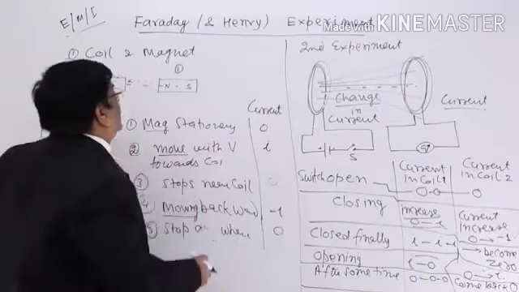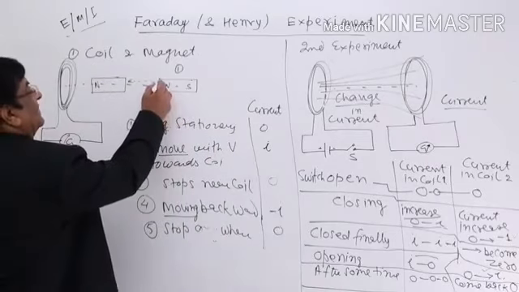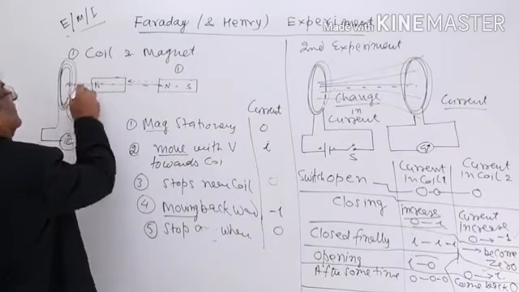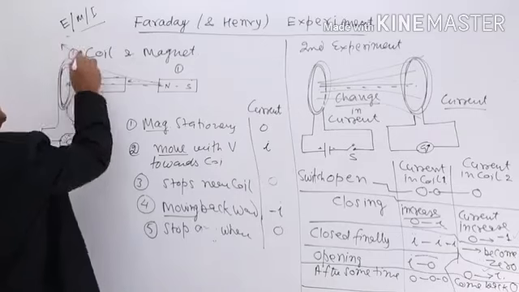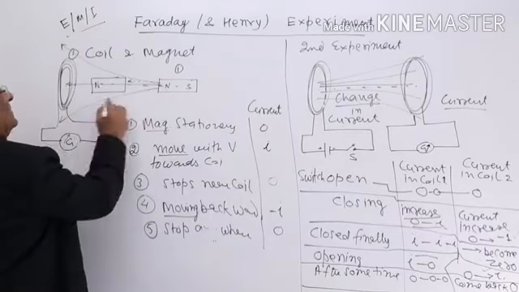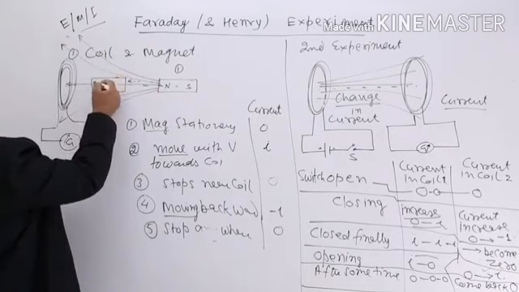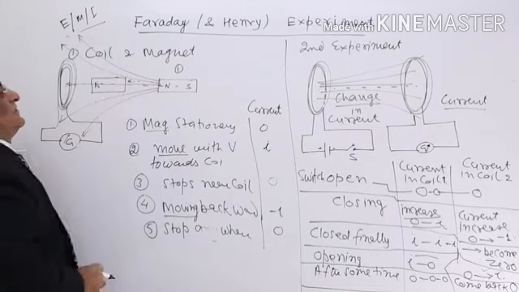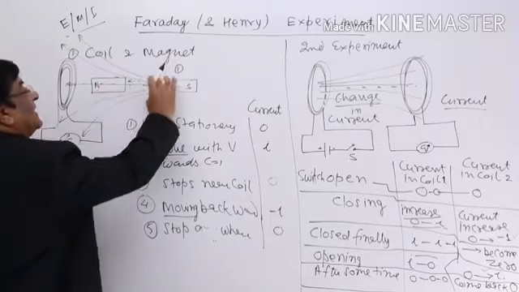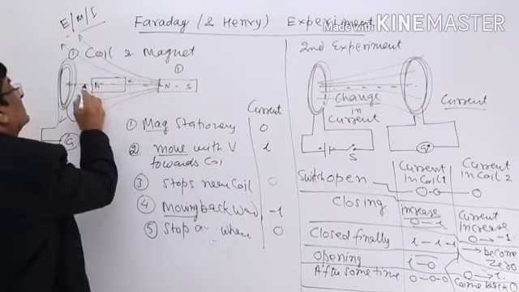Here, any magnet creates a magnetic field. This is magnetic field, this is magnetic field, and so on: 1, 2, 3, 4, 5, but only one is touching the coil. When it comes to this position, the distance changes.